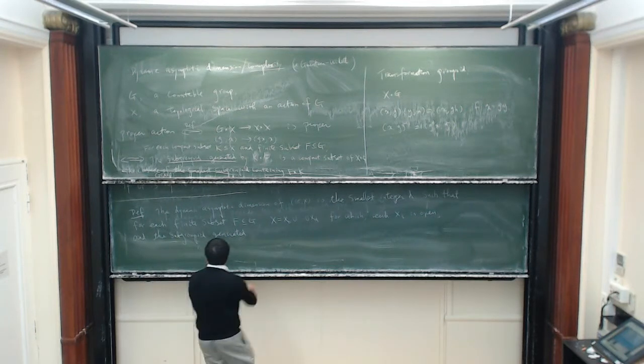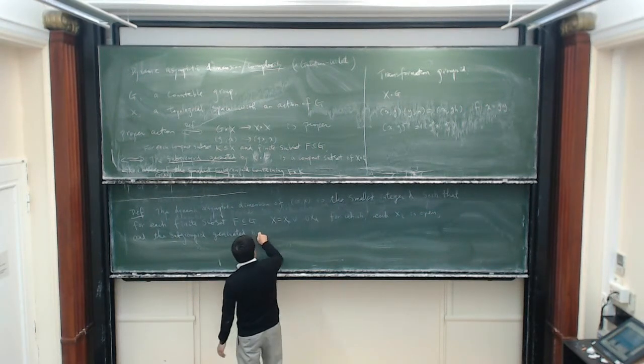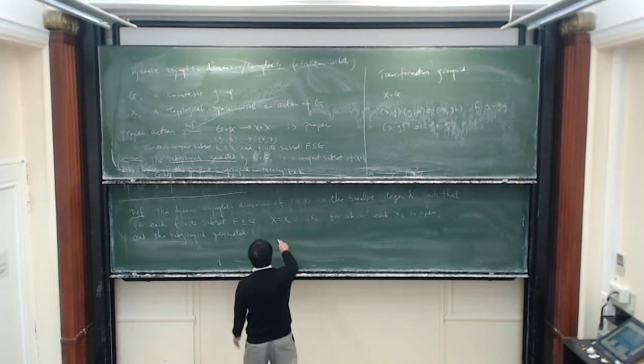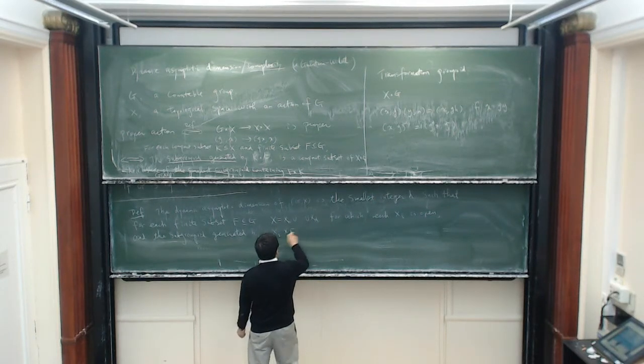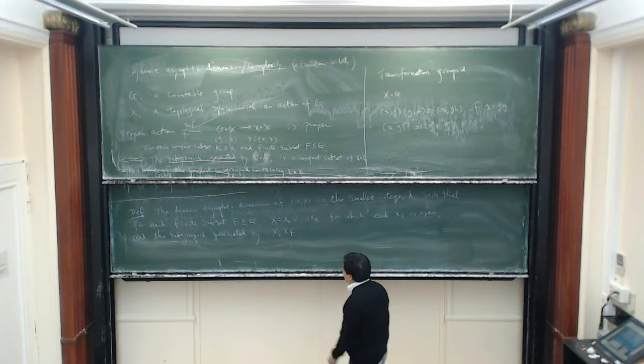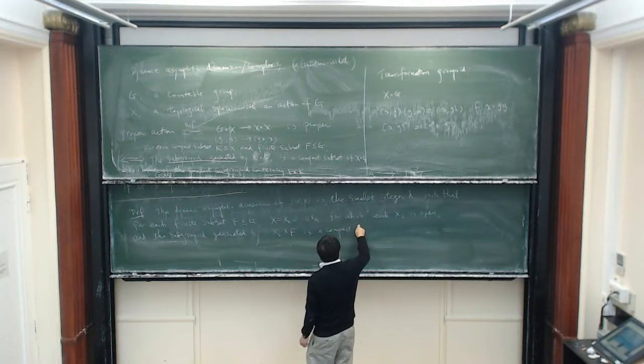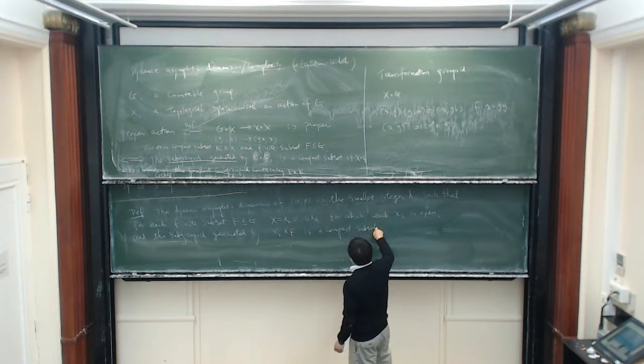The subgroupoid generated by F, okay, which way? Xi is a compact subset.